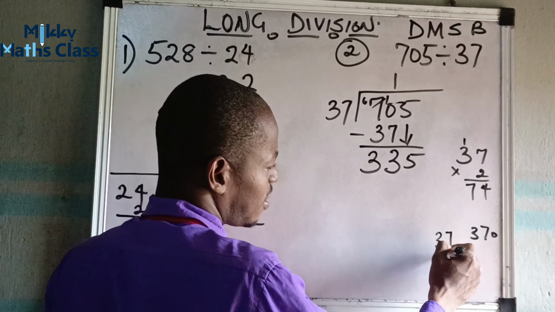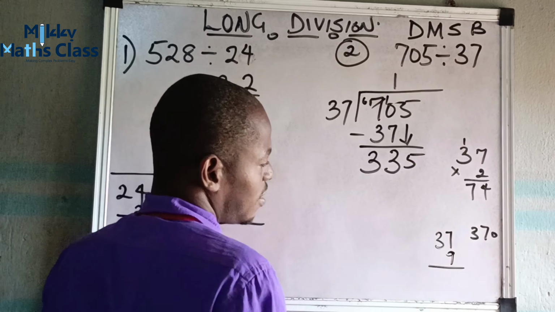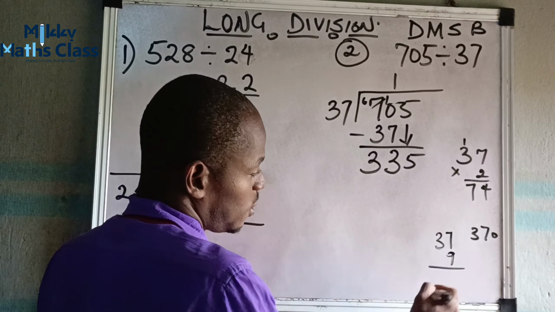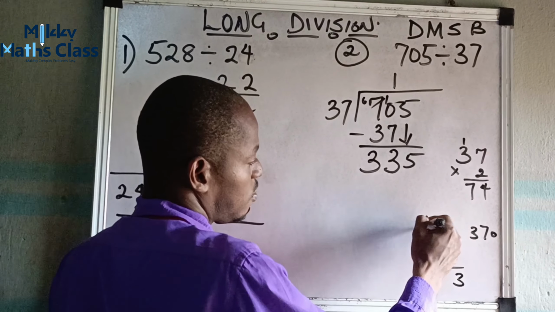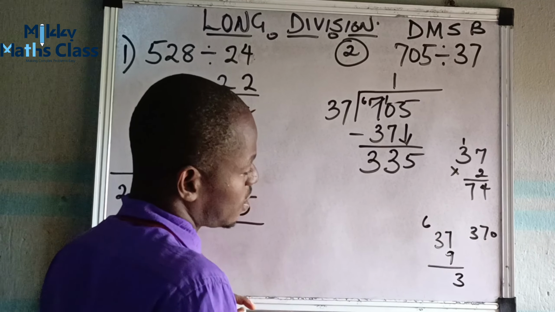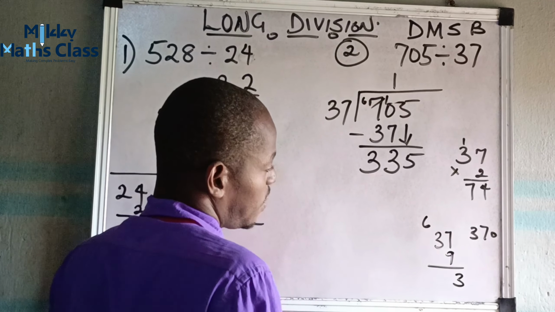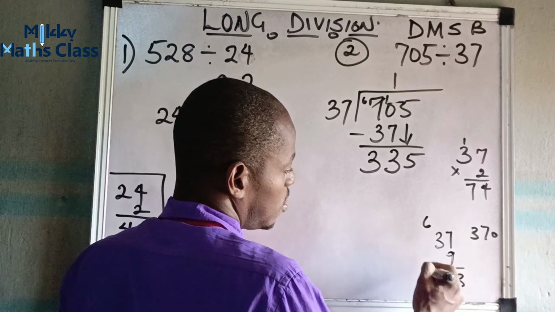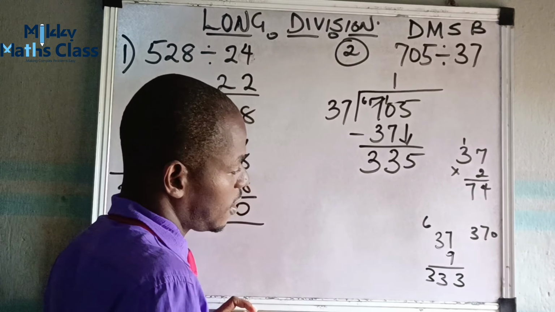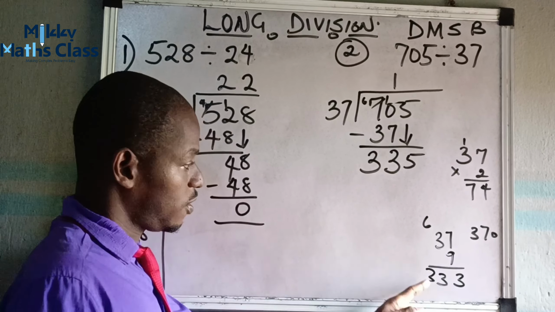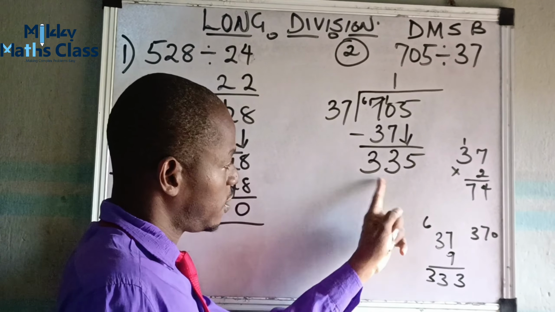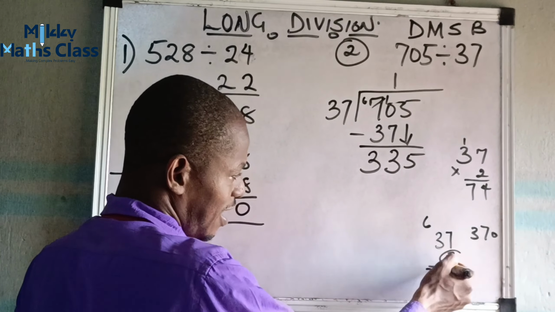Let's see, 37 times 9. 9 times 7, 63. 63. 9 times 3, 27. Plus this, that's what? 333. Okay, now 333 is closer to 335. So we use 9.